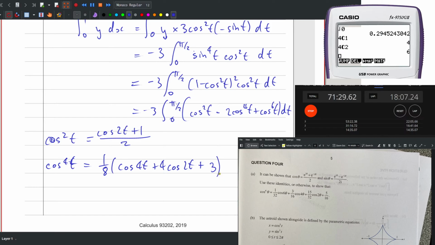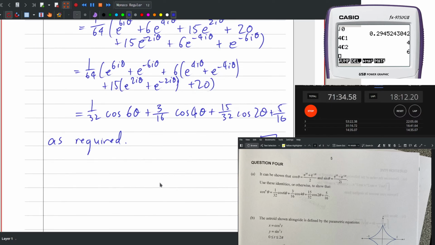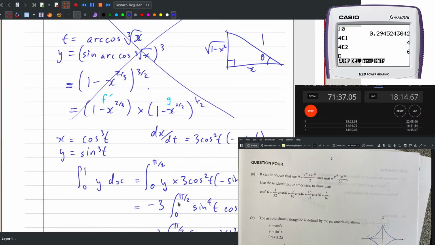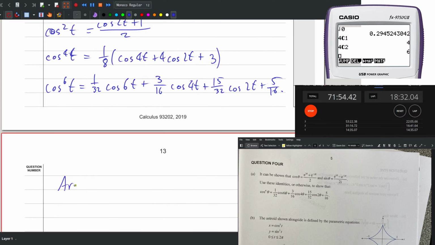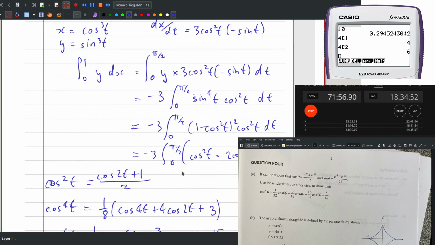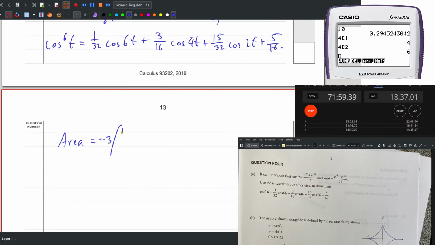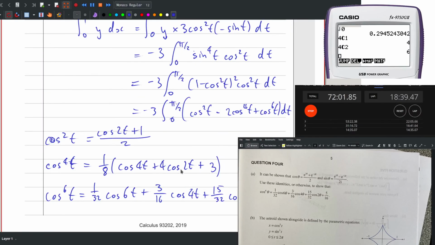There we go. Okay, and then cos to the 6th of t is equal to 1/32 cos 6t plus 3/16 cos 4t. Cool. And then this area, if we collect all the terms, is equal to negative 3 integral from pi on 2 to 0 of, so you have 1.